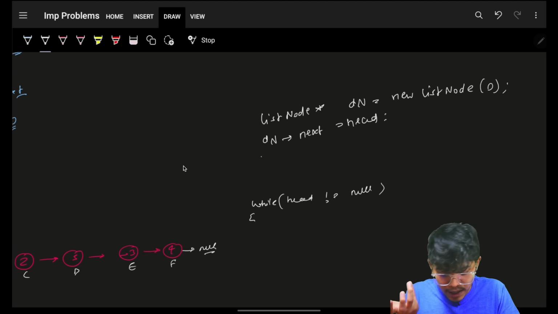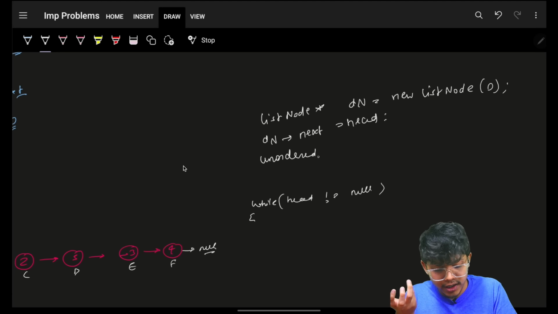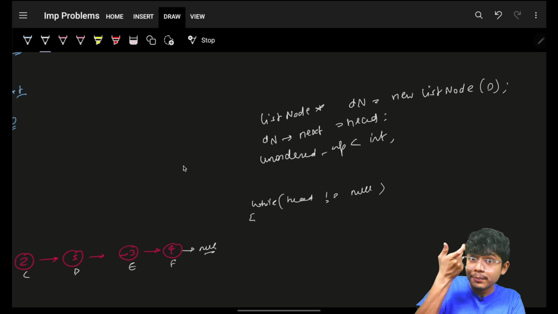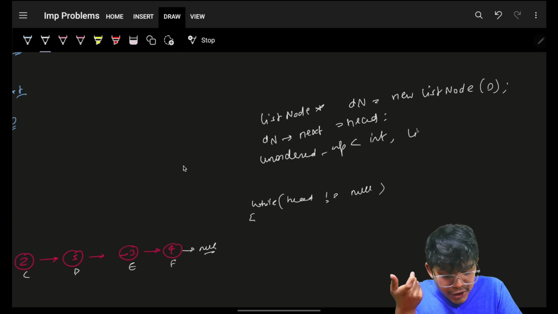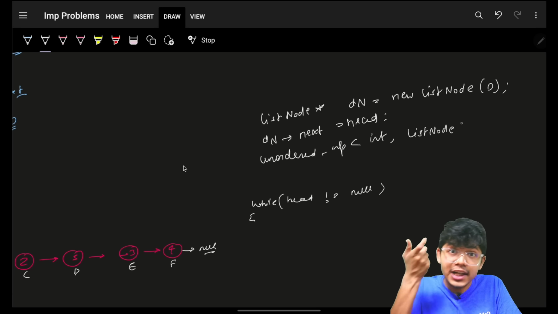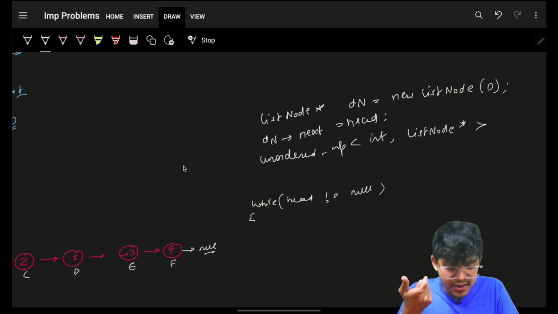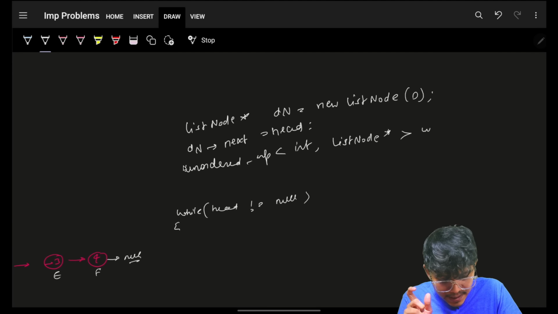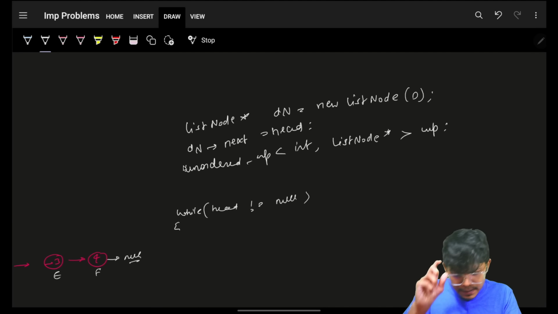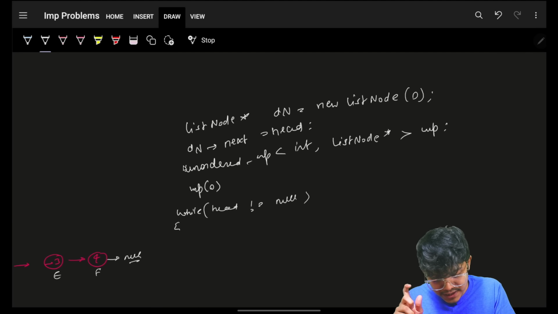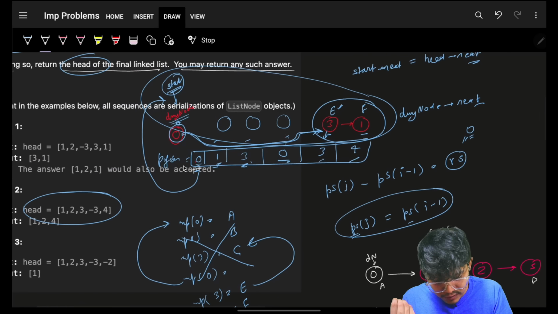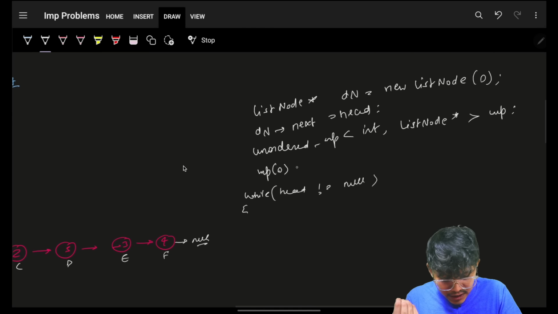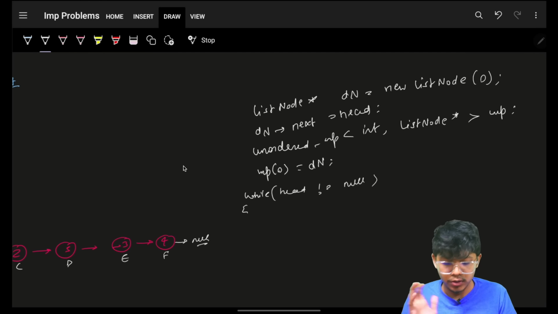Usually we take an unordered map. The prefix sum will be the key, and it should point to my actual list node itself. So I made a list node pointer, and let's name it map. In the very beginning, map of 0 is pointing to my dummy node, and you can see the prefix sum value will start from 0 itself.